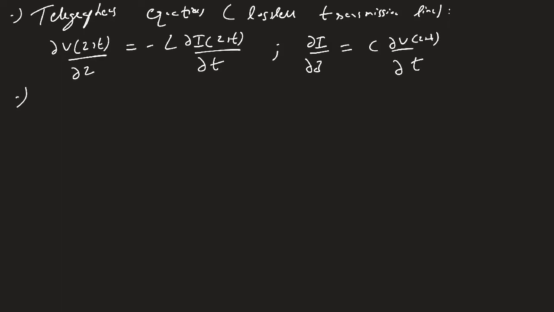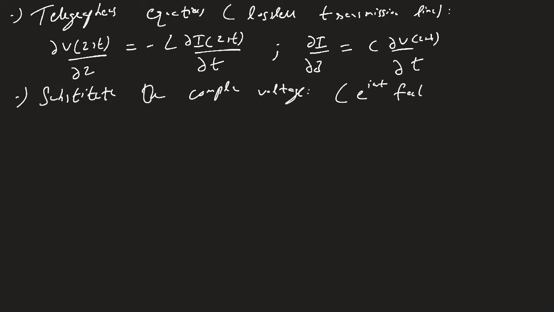Now if you substitute the complex voltage, you see that the e to the i omega t factors divide out and they cancel.